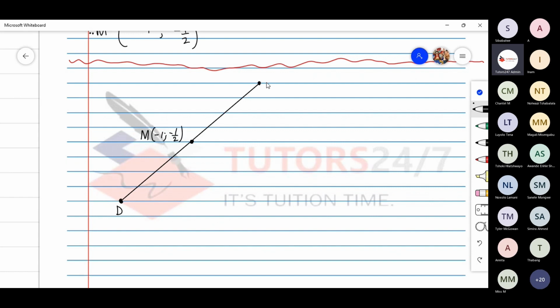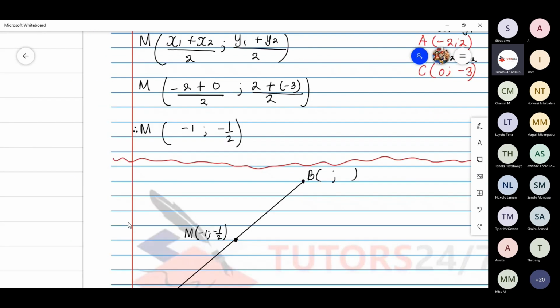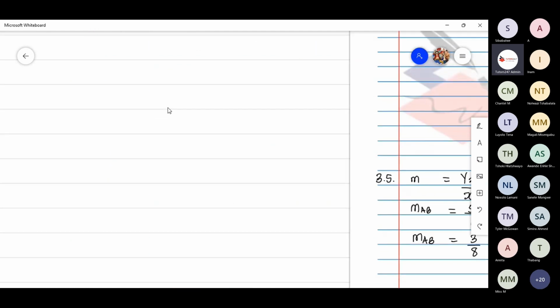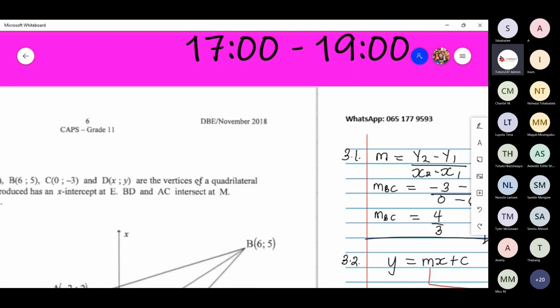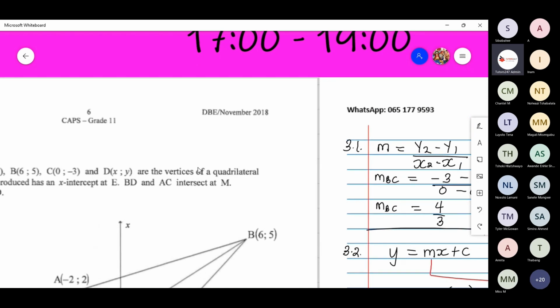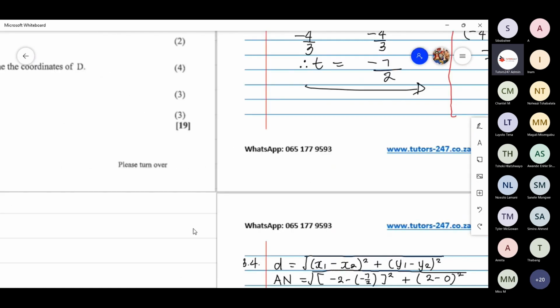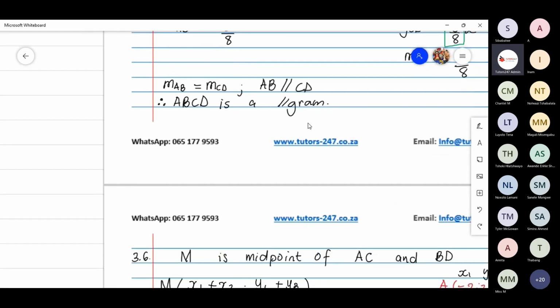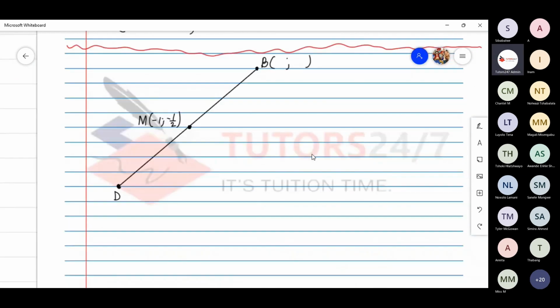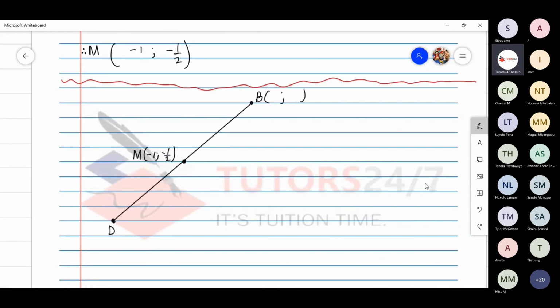And this is our point B, which had coordinates, let us just go and double check. So B had coordinates 6 and 5.